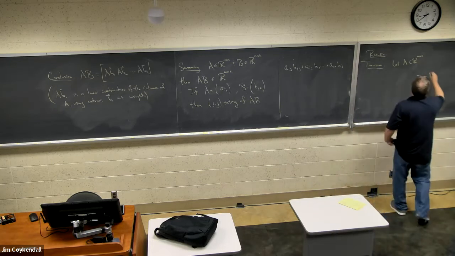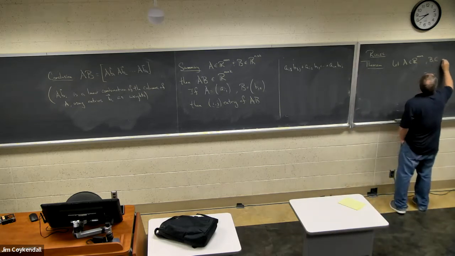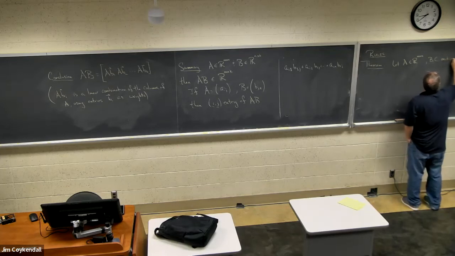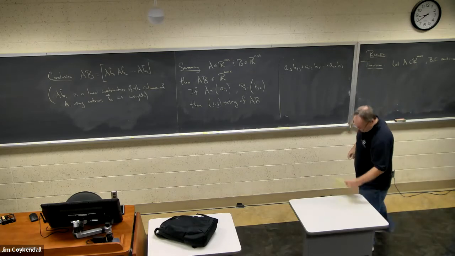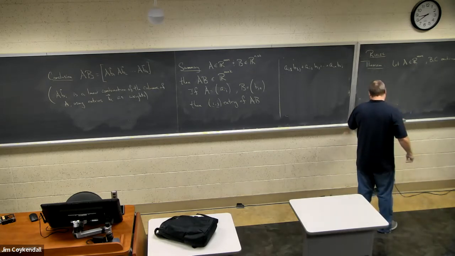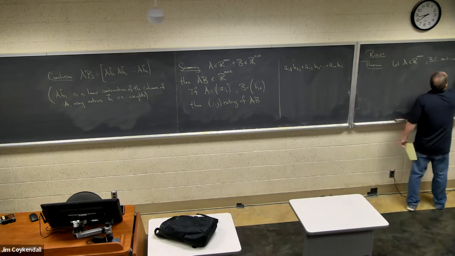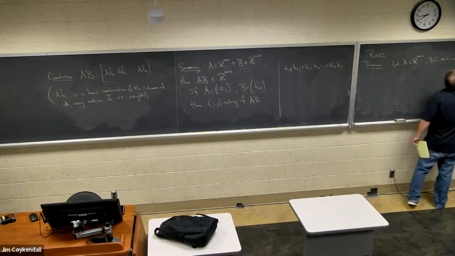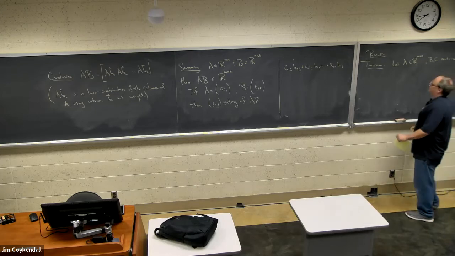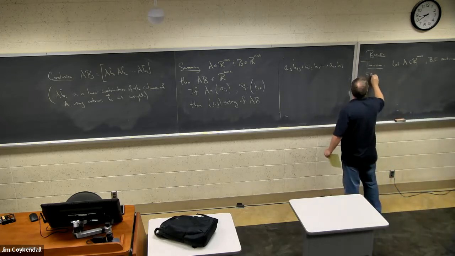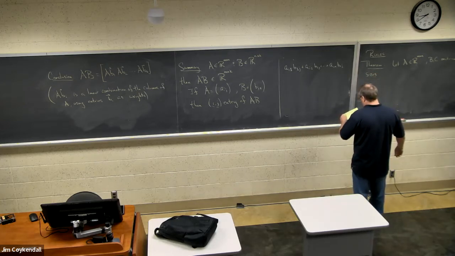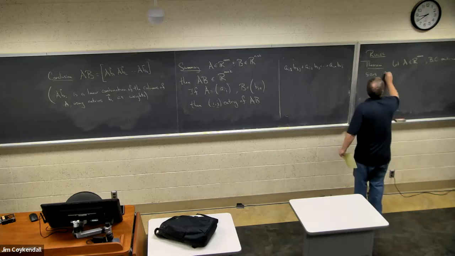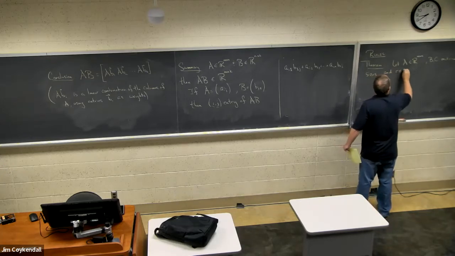B and C are matrices of appropriate size, and r is a number.